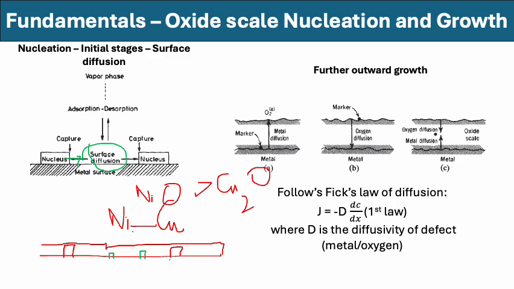And once this full scale is formed, then the outward growth of this oxide, which is in this direction, will take place either through diffusion of metal cations through the oxide scale, and it interacts with the oxygen at the oxide gas interface, or this O becomes this O2- anion, this anionic diffusion that takes place, and you go inside the metal and react at the alloy oxide interface, this interface.